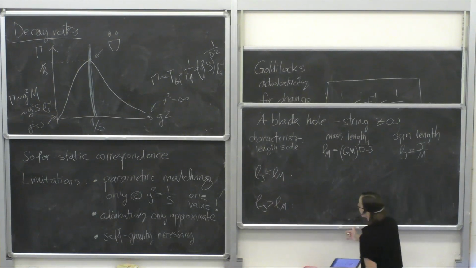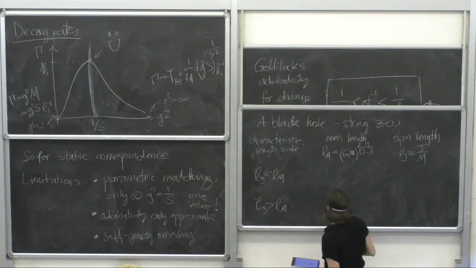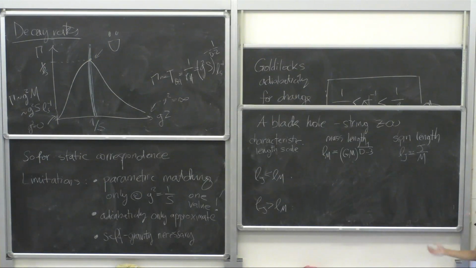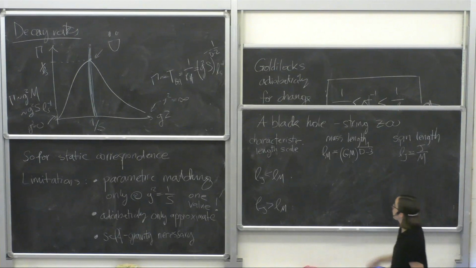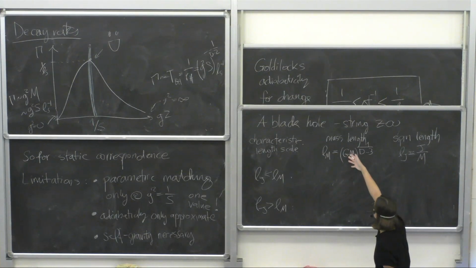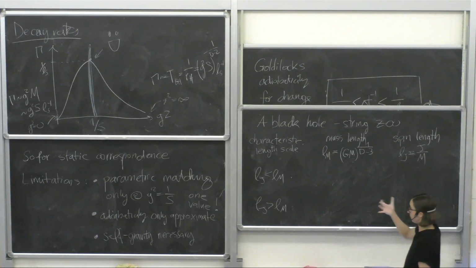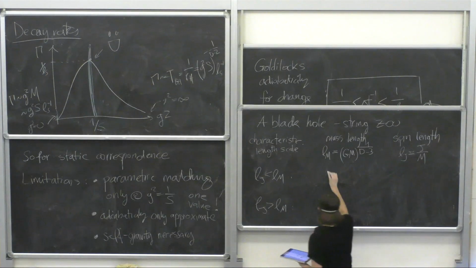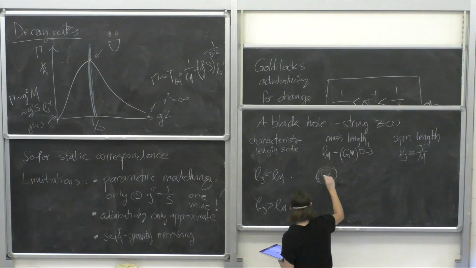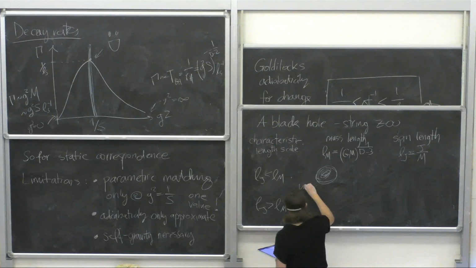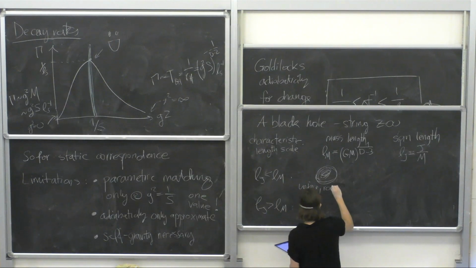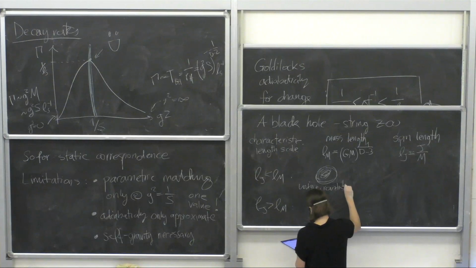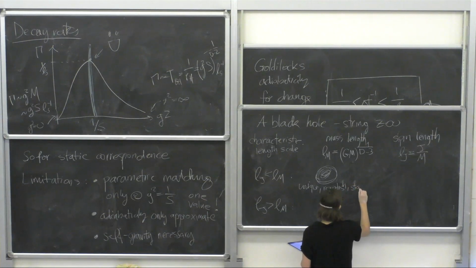So what happens when the spin length is smaller than the mass length when I'm thinking about black holes? What kind of black holes can I have? Well, the black hole is dominantly described by mass. The spin is not very large. So what I have is roundish black holes, which are unique, roundish, and dynamically stable.